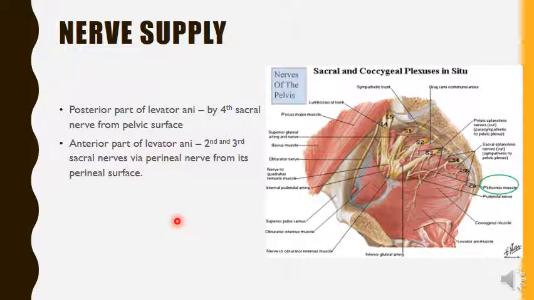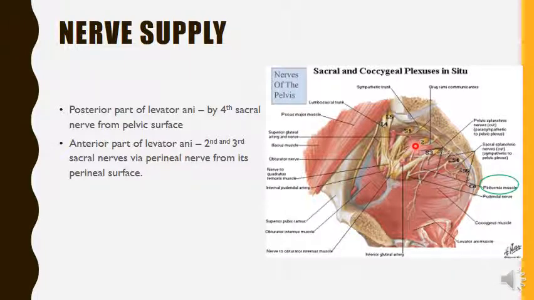Then coming to the nerve supply of the posterior part of the levator ani. Here, this is the posterior part of the levator ani muscle. It is supplied by S4, the fourth sacral nerve, on its pelvic surface, the posterior fibers.